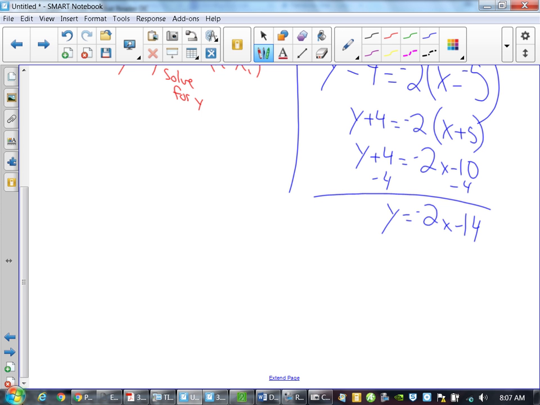Any questions on this? So the other thing that happened quite often was the exact same question. Like Madison was just mentioning, when you are given right off the bat either a horizontal or a vertical line.